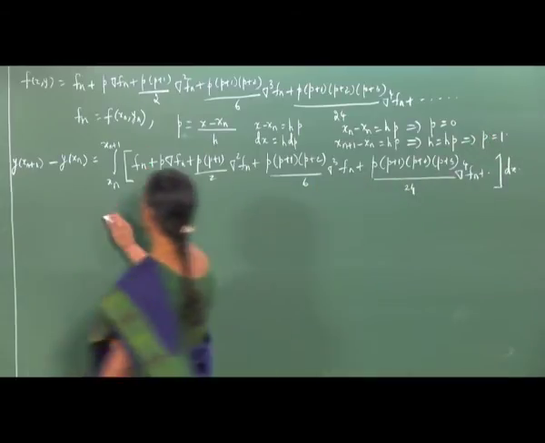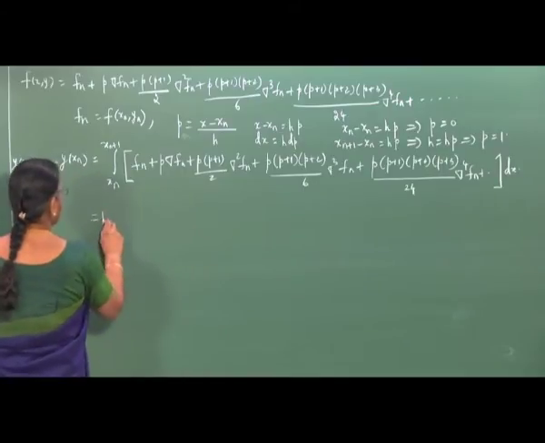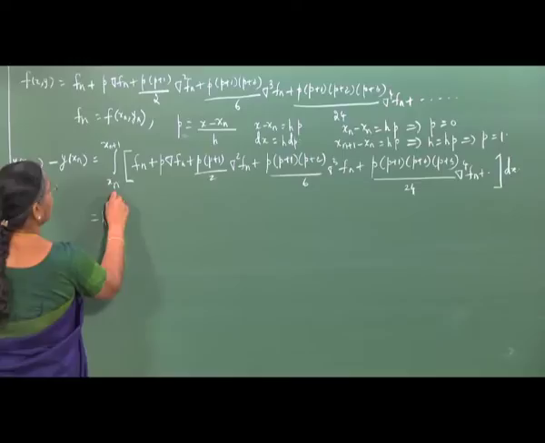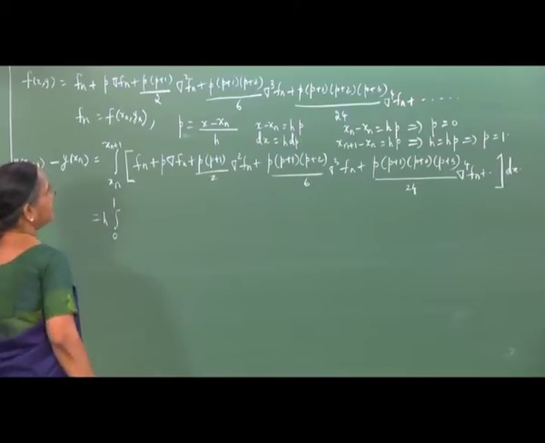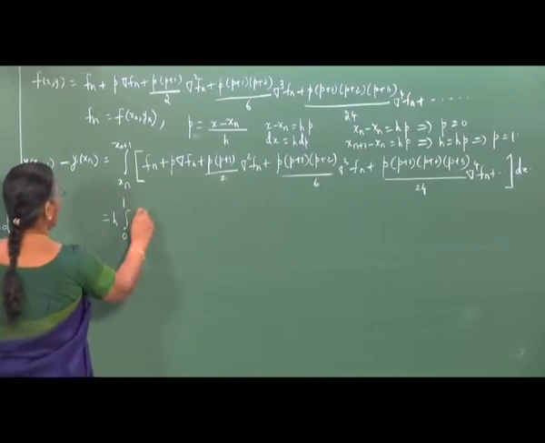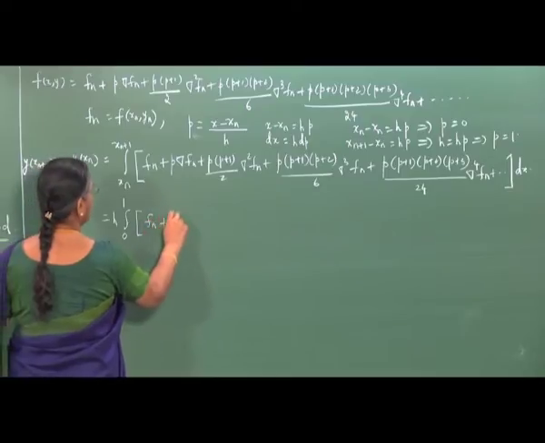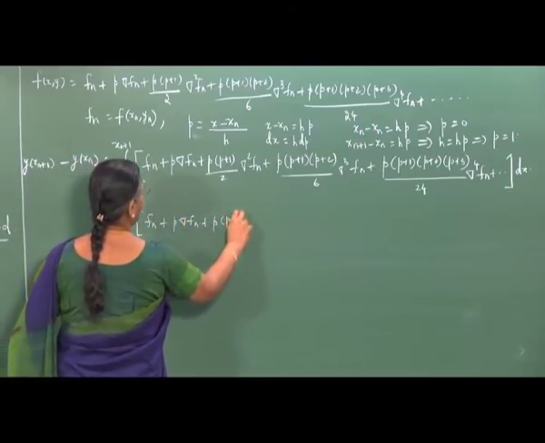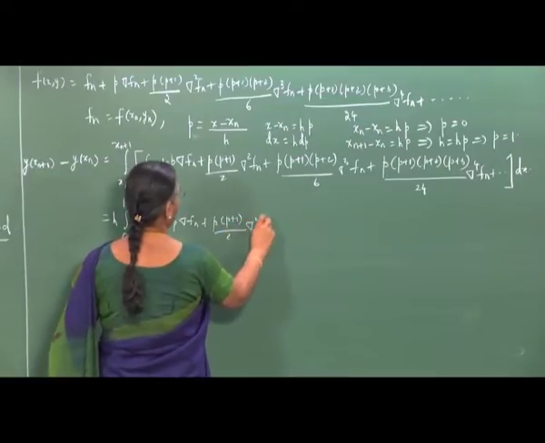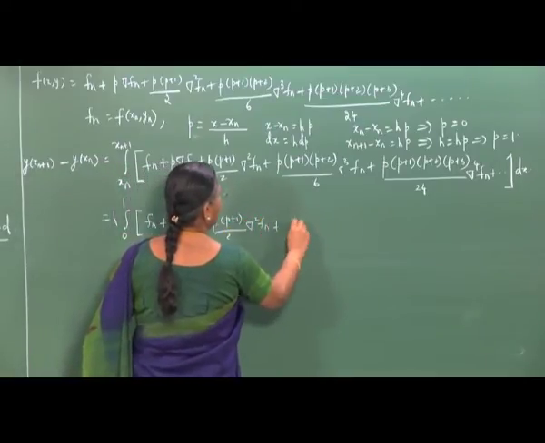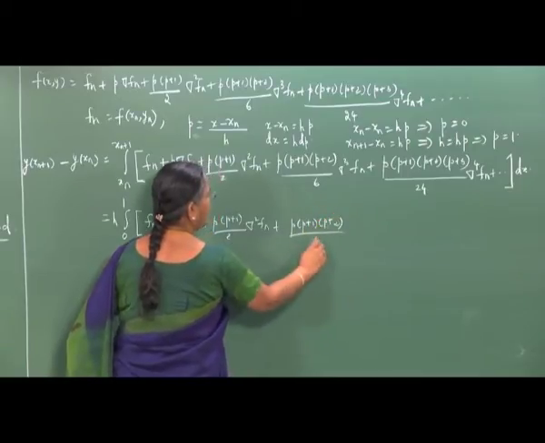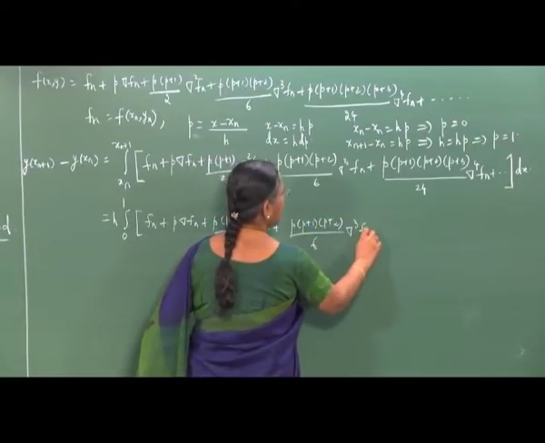So, the integration is h times the integral from 0 to 1 of f_n plus p delta f_n plus p (p plus 1) by 2 del square f_n. So, I write down all these terms as they are and then perform the integration.